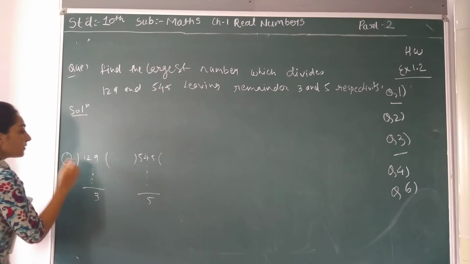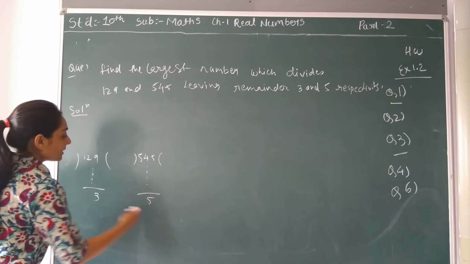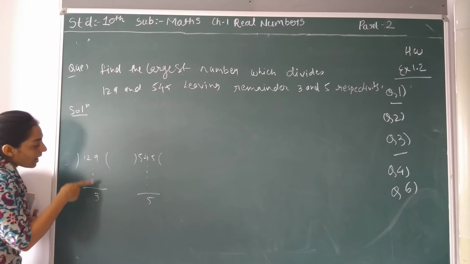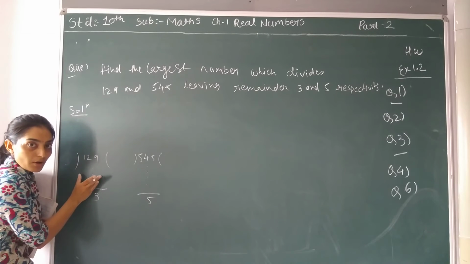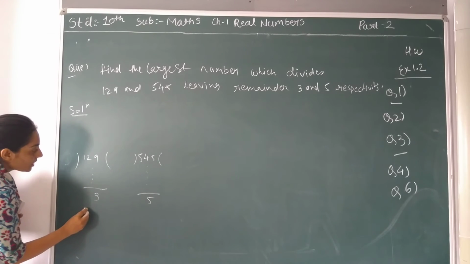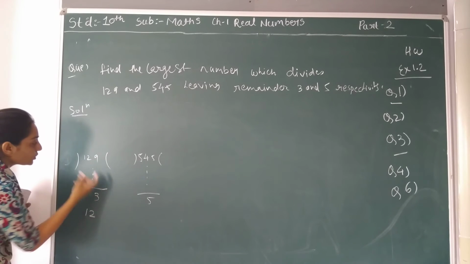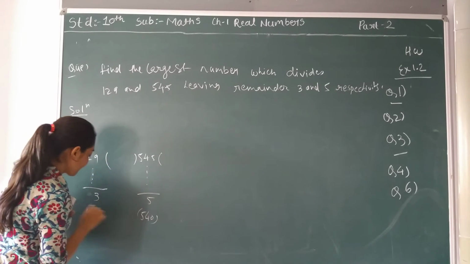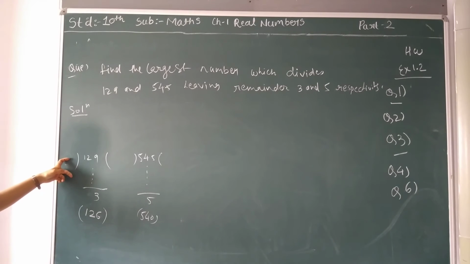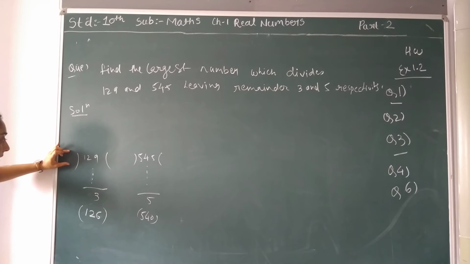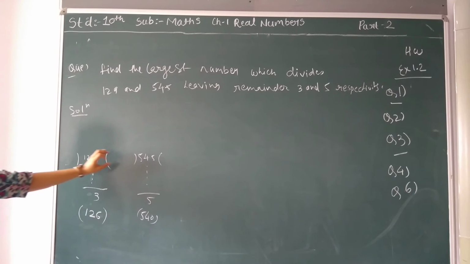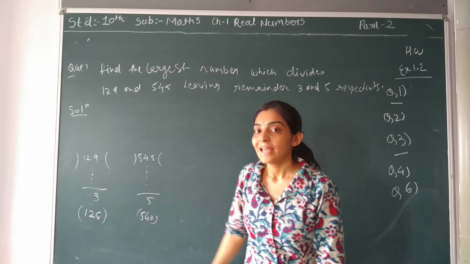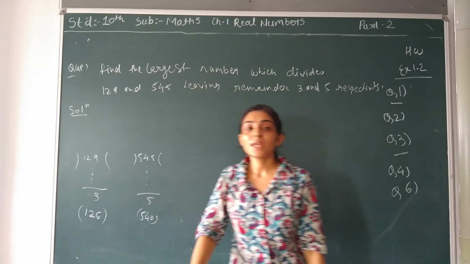We know the division step: if we subtract the remainder from the number, we get the part that is exactly divisible. So those numbers would be 126 and 540. We want a number which divides these and is common to them. It means something is common.